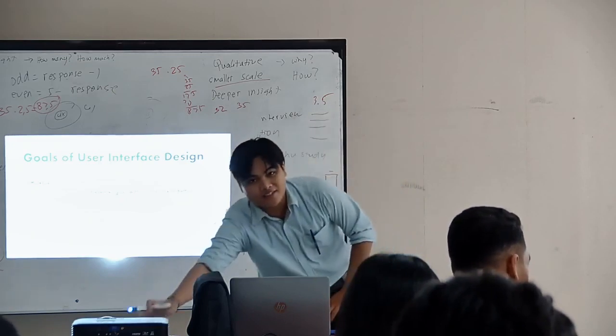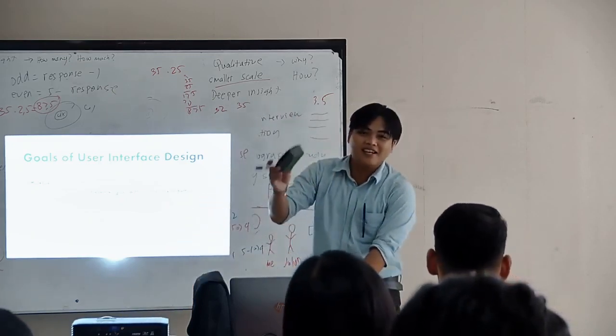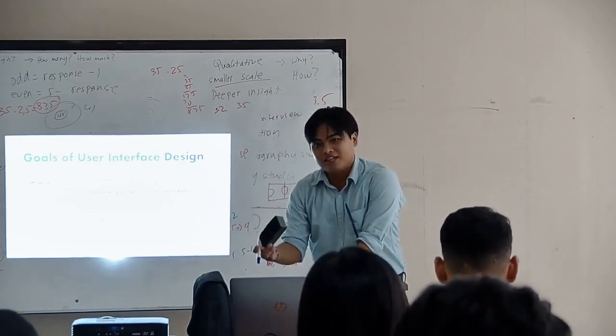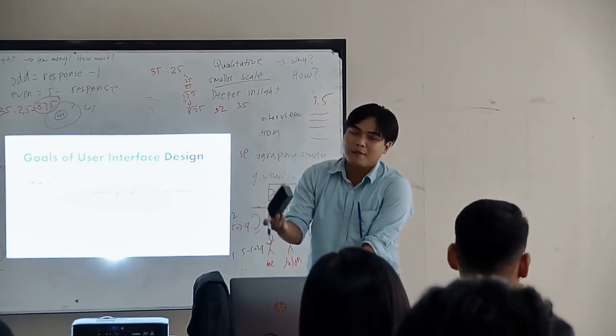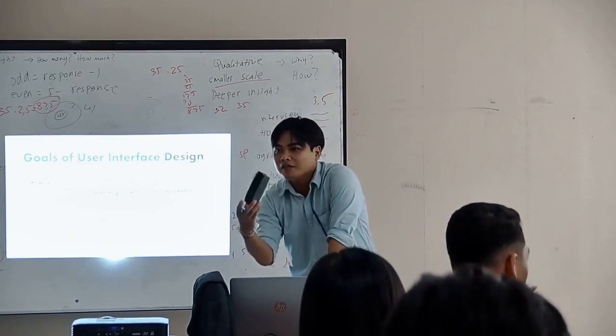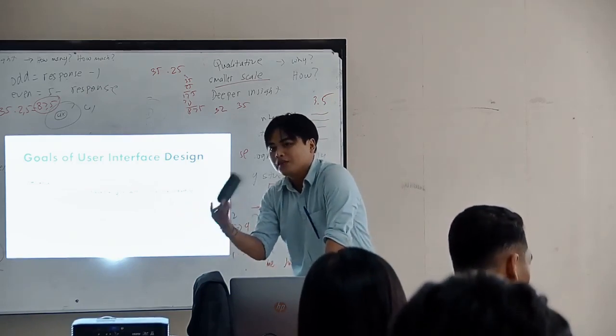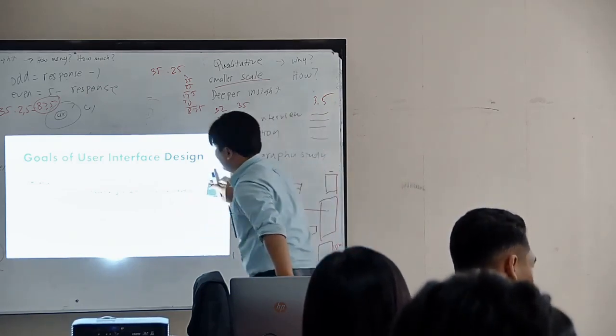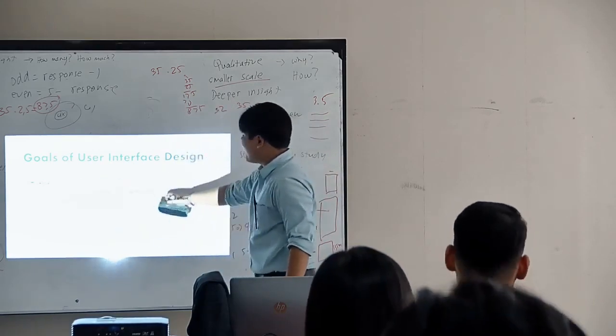That is efficiency. Remember, design is not only about the looks, even though the main goal is the looks, but it has to be functional. You have to pay attention to how many steps are needed to achieve the goal. Just remember, minimal time and effort.